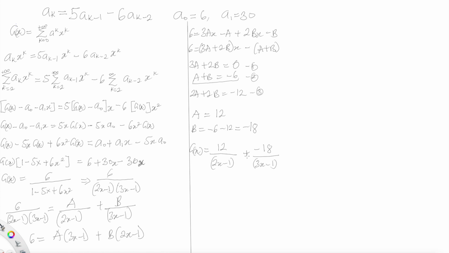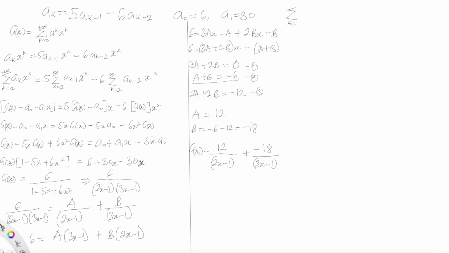So to simplify it further, we could multiply this by minus 1 over minus 1 and this too by minus 1 over minus 1, to make it look like one of the generating functions we know, which I'll write here. So it looks like this.